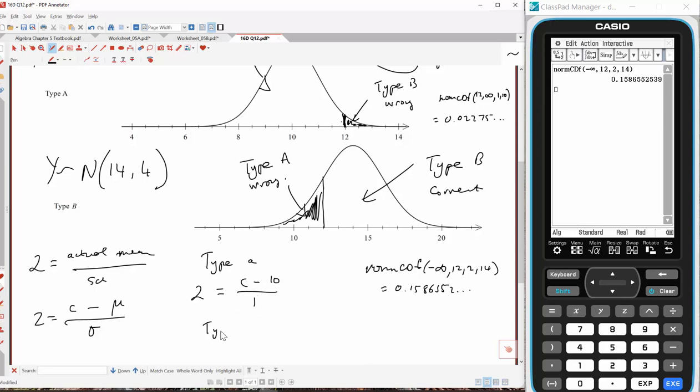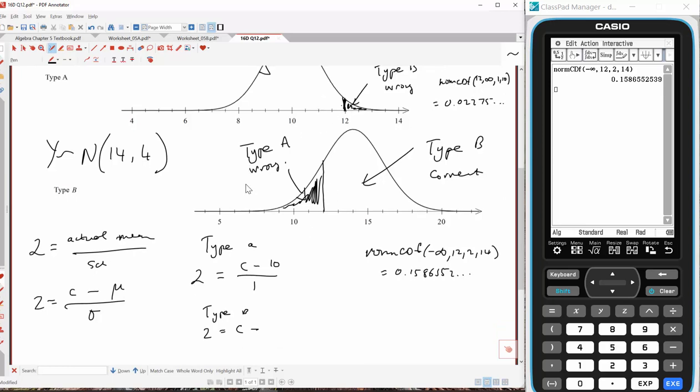So that's type A. Type B is going to be Z equals also C, the magic number, the value that will make these two the same, take away 14 over 2.